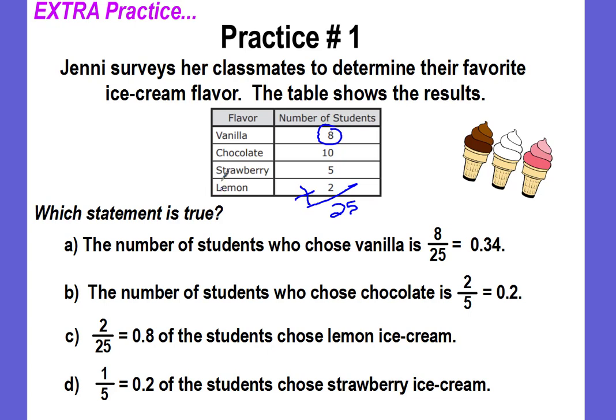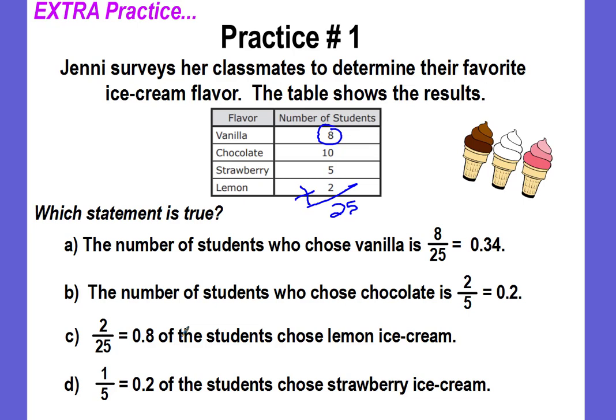So what I would like for you to do is pause the video. You're going to go through each of the answer choices, determine which statement is true, select your answer choice, and look to see if you got it right or wrong. You'll be told if you got the answer right or if you got it wrong.